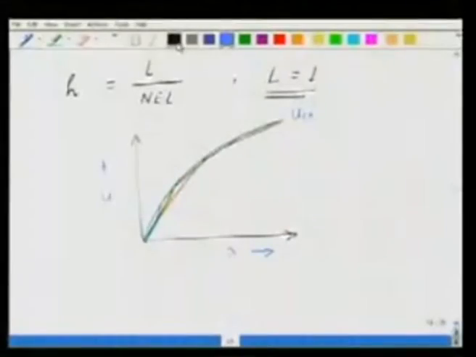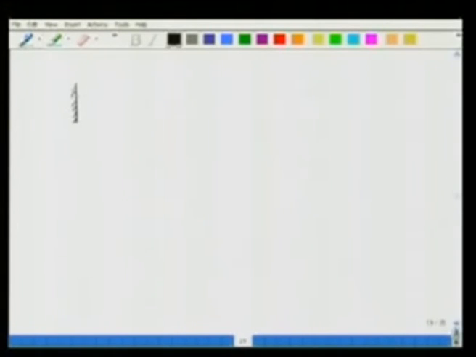Now, the question is, do we always have this type of a differential equation to handle? The answer is no. So, let us make this differential equation a little bit more complicated. It will still be a straight bar with an end load P, but here we will have a distributed spring support.